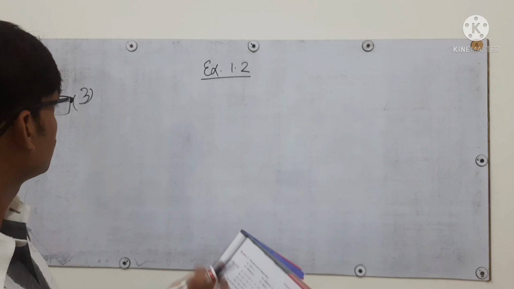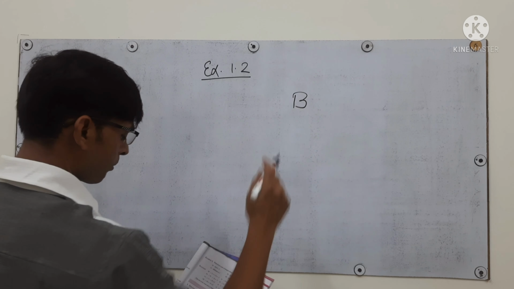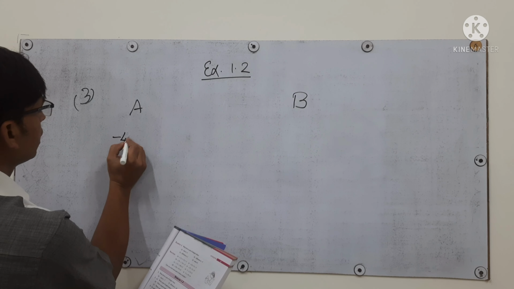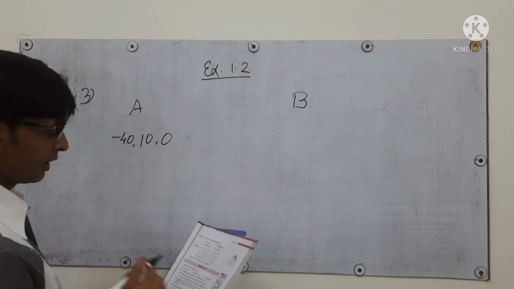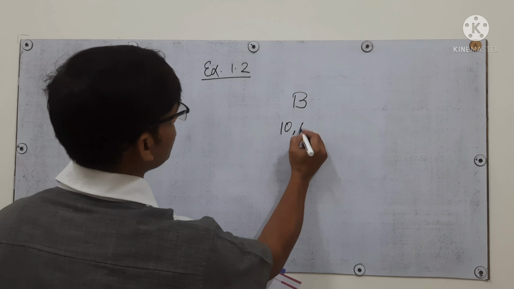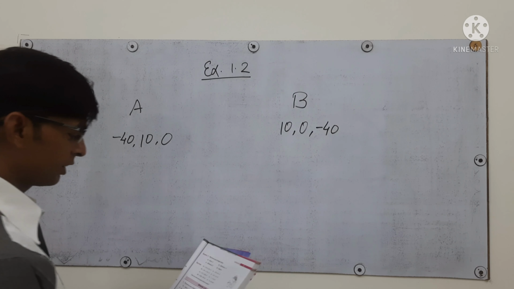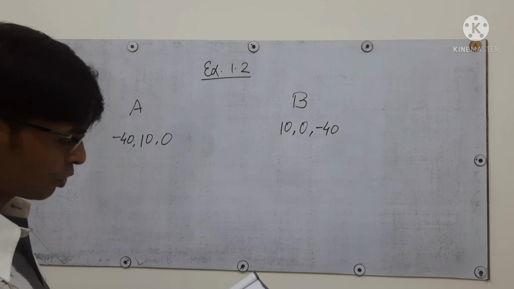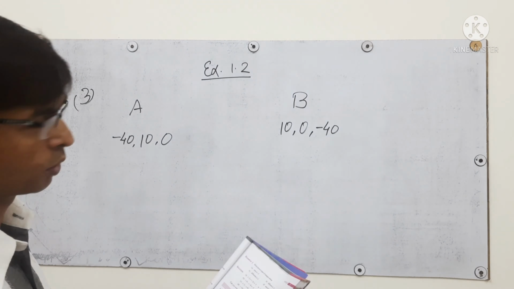Here two teams are given, team A and team B. Team A scored -40, 10 and 0, and team B scored 10, 0 and -40. The scores of both teams are given here. We have to find which team scored more.